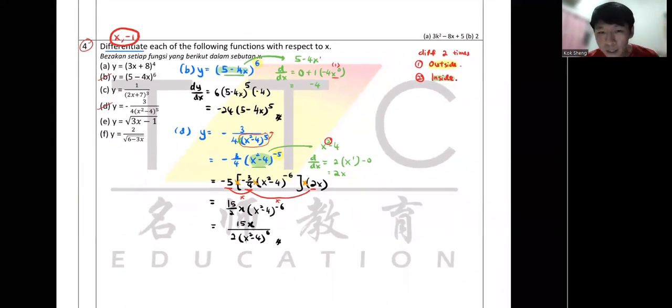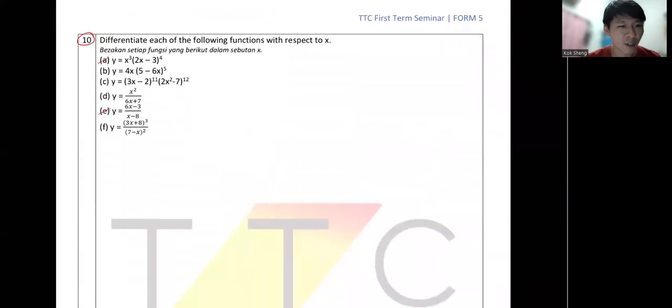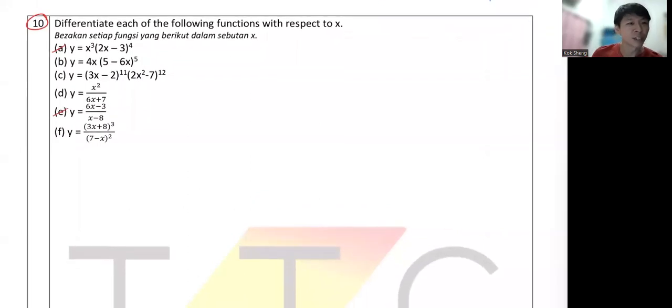Okay, number 10, let's go. One more method, this one. Number 10, we go for A and E. So differentiate again. The working is the same, times and then -1.